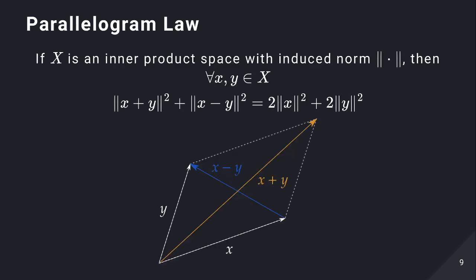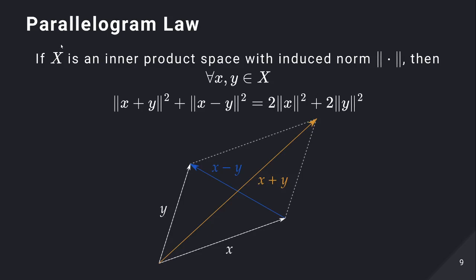But yeah, one of the nice theorems that holds in Hilbert space but doesn't hold in general is the parallelogram law. It says basically if we have an inner product space with the induced norm here, then for any vectors x and y, we have that the sum of the squares, so the squared length of x plus y and x minus y, is equal to 2 times the square of the norm of x plus 2 times the square of the norm of y.